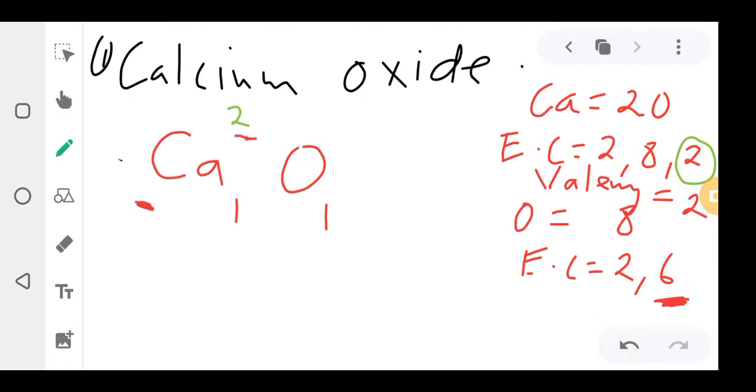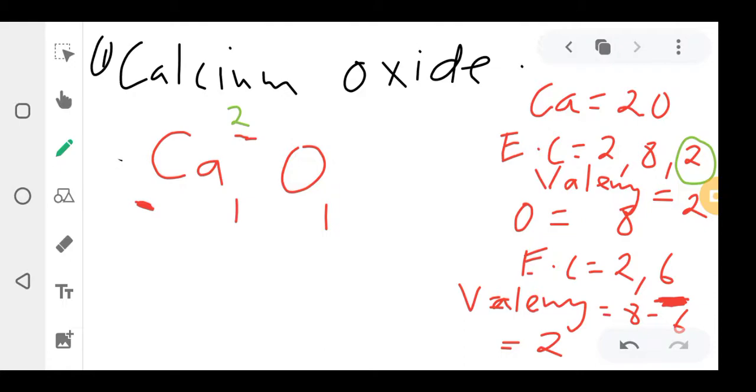Here, if the last number is above 4, what do you do? You subtract from 8. So to get the valence, I say 8 minus 6, which is equal to 2. Once the last number is above 4, you subtract it from 8.